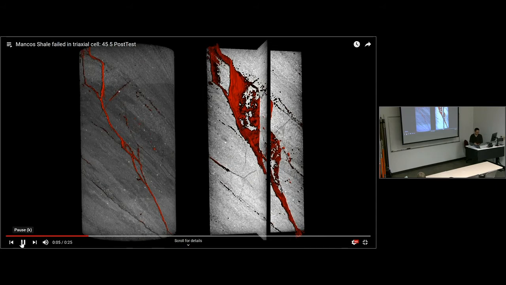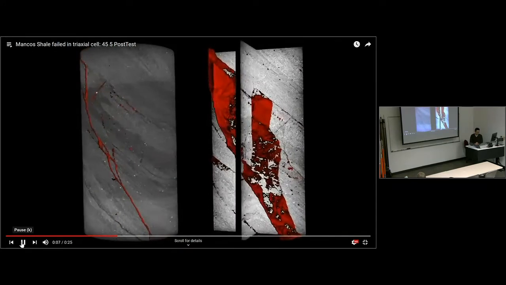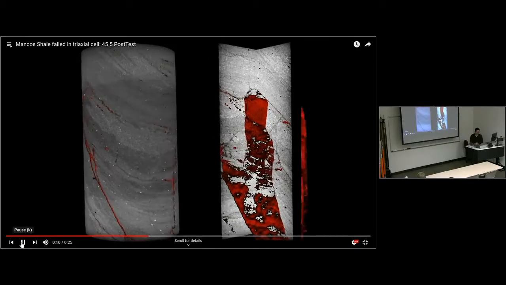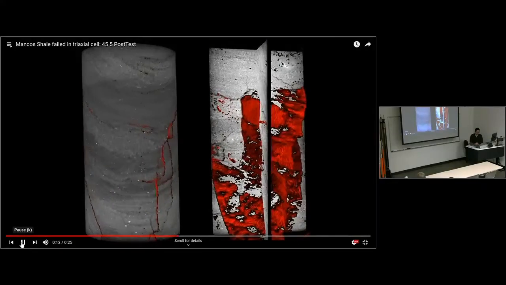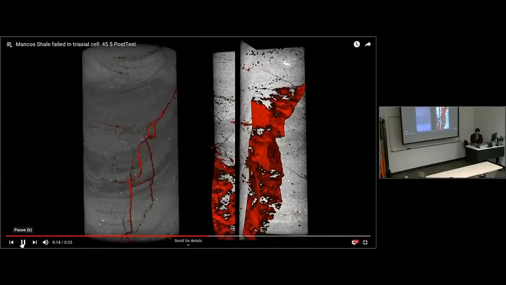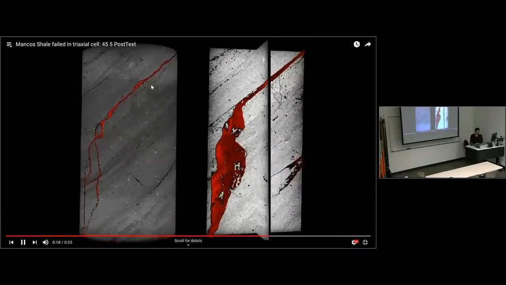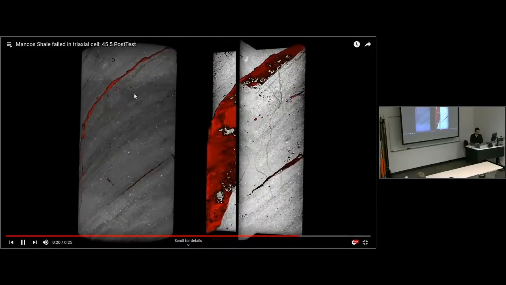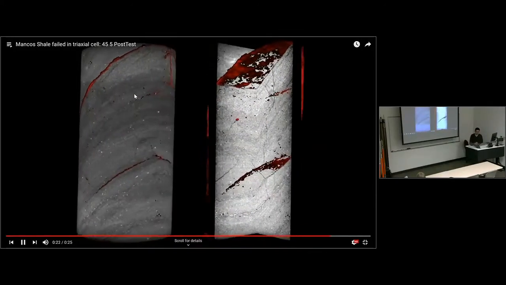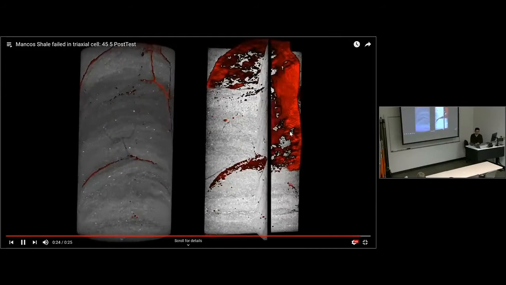And let me run this one a little bit more. So at the end, what we see is that the final fracture is a connection between a fracture that goes through those interfaces and some that cut through the entire rock.